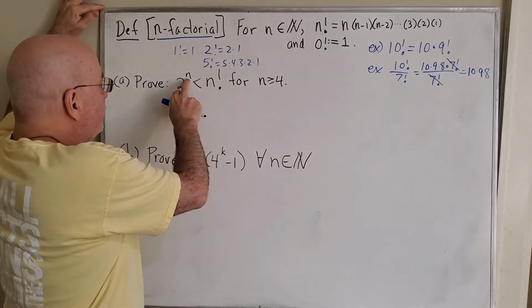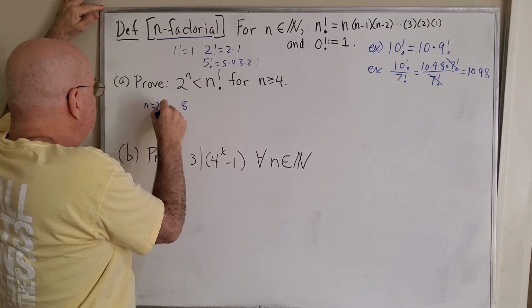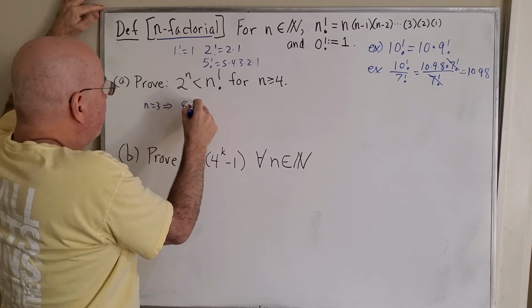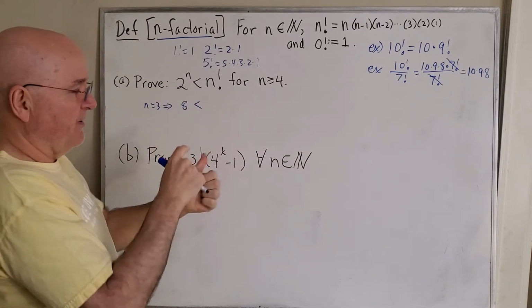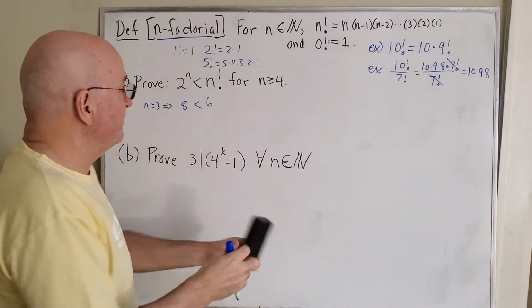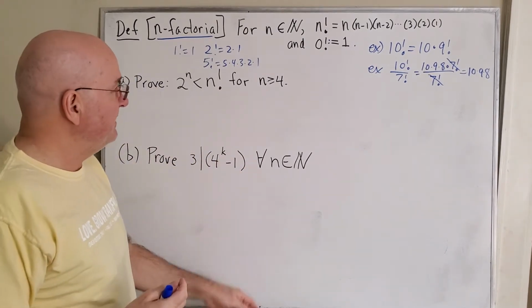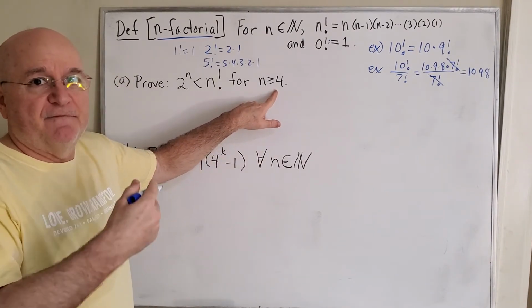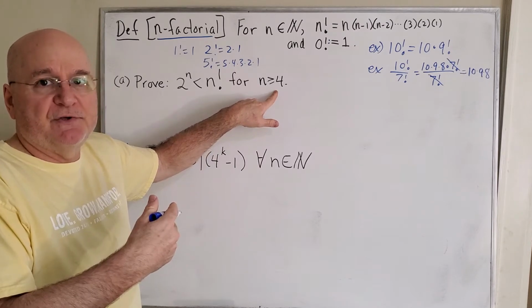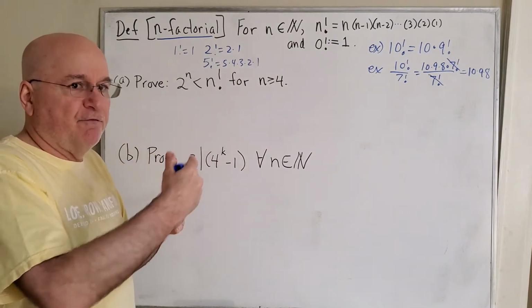N equals 3, 2 to the third would be 8. What's 3 factorial? 3 times 2 times 1 is 6. And indeed, it fails. So assuming this is a true statement, which it is, n greater than or equal to 4 is the best possible number you could use. It's the lowest possible number that guarantees success for n equal 4, n equal 5, and so on.